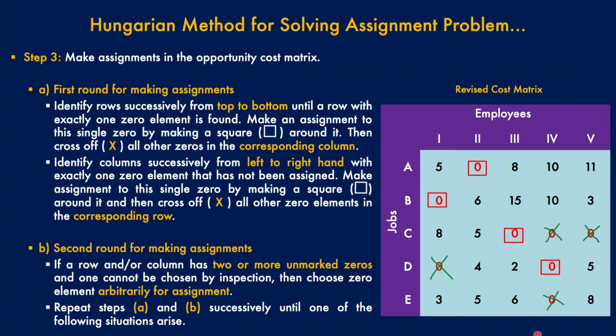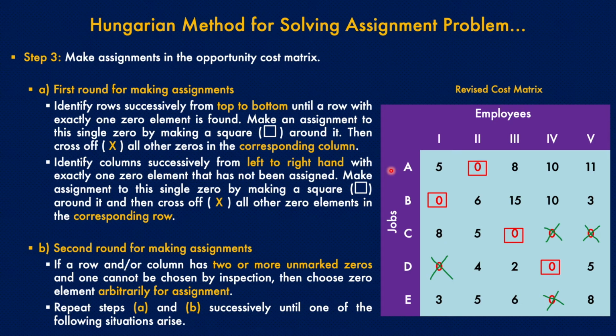Then we will start assigning this opportunity cost matrix with the following procedure. In the first round of making assignment, identify rows successively. As we have performed row transformation, the assignment will also start with the row assignment.